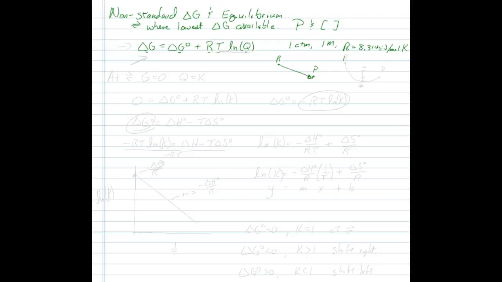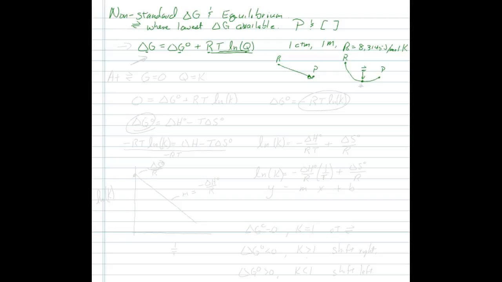If your reactants are here and your products are here, but your curve has a minimum in between, this is your equilibrium location, and it depends upon the variables that you have located there.